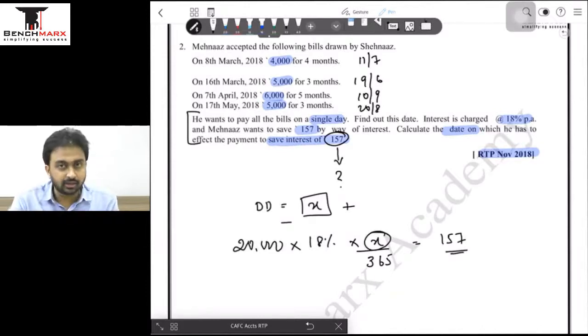Once I get this figure, she has to prepone by that many days because she wants to save interest. If she delays the payment by x number of days, she will have to pay interest. So she wants to save 157, so she will have to prepone the payment. Whatever answer comes for x, we will subtract from the due date, and we will get the date on which payment has to be made in order to save interest of 157.